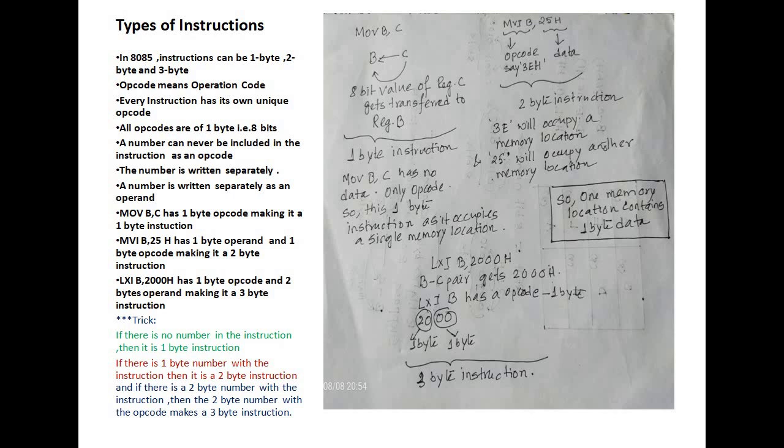Now see here, I have written one instruction, MOV B comma C. What does it mean?